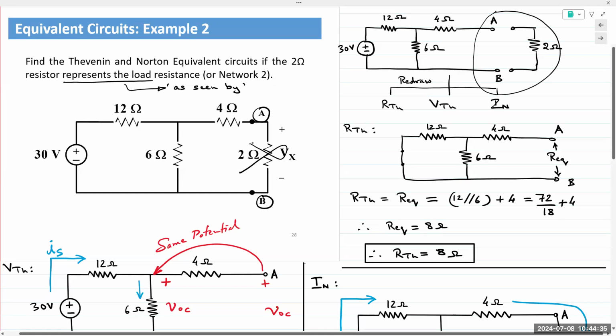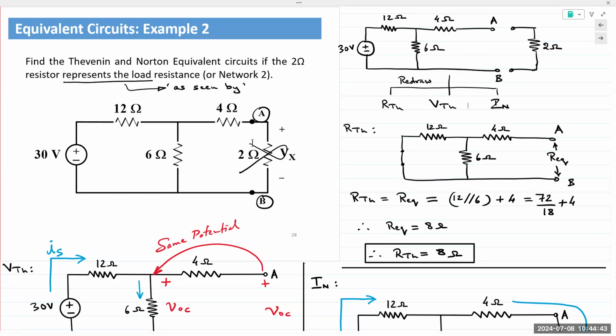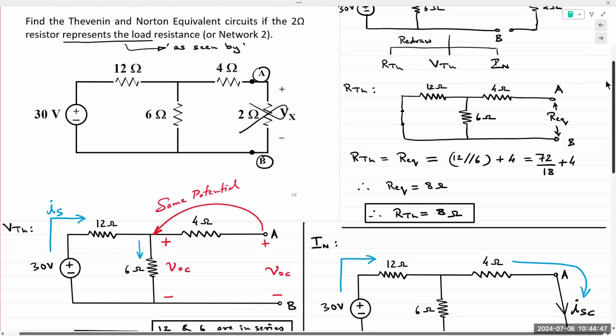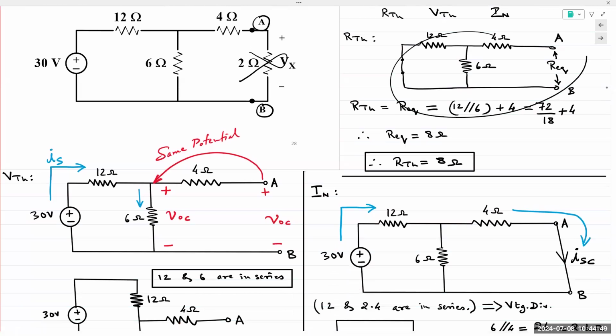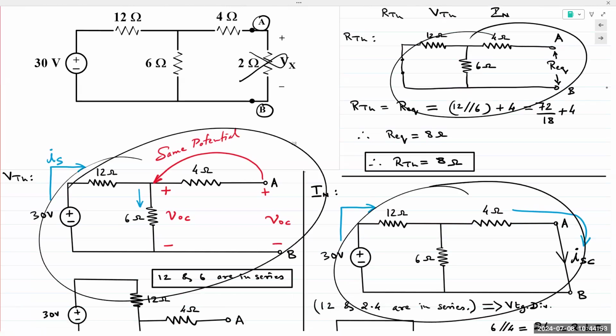That's the absolute first step. And then after that, you redraw that circuit 3 times, once for Thevenin resistance, once for the voltage, and once for the current. And those are detailed and outlined here, here, and here.